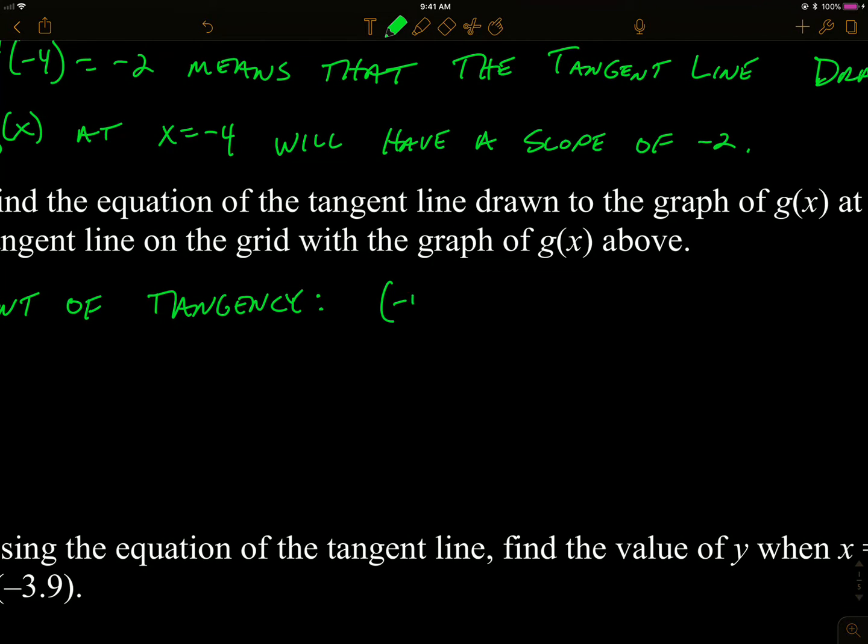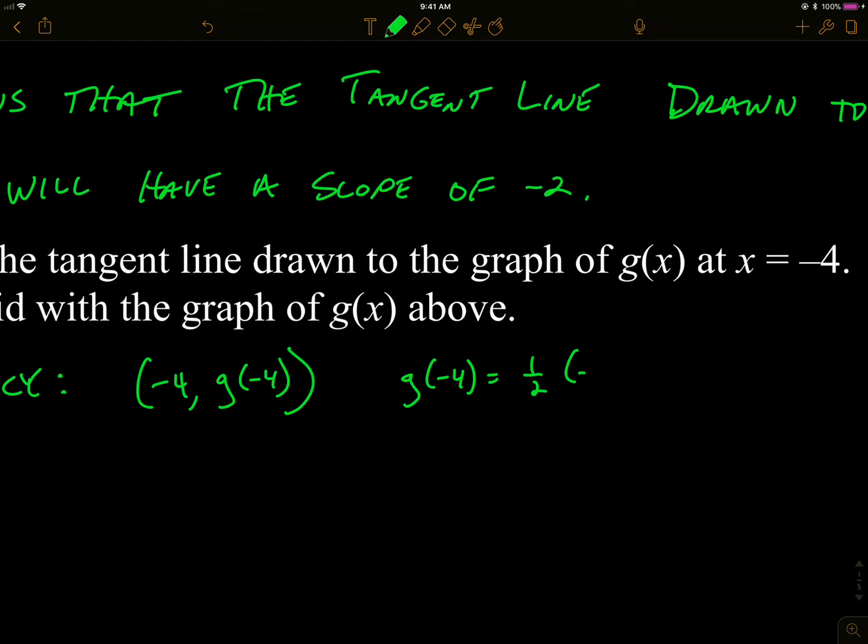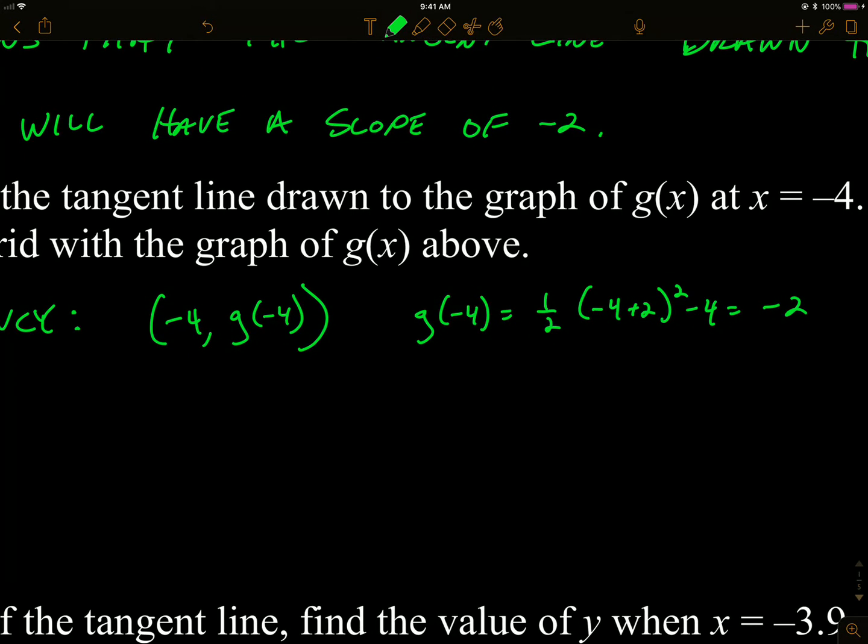And so that's going to be at -4, and then I got to plug the -4 in. So we're going to say that g of -4 is -2. So if I write that as a point, -4, -2 is my point of tangency.